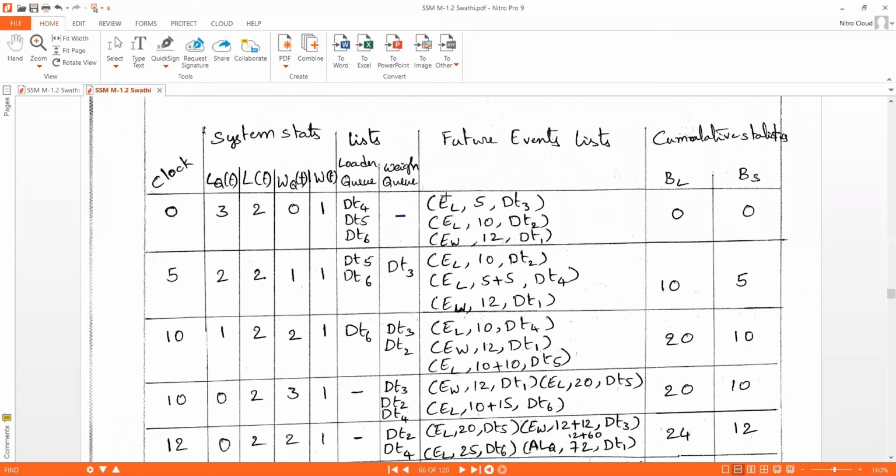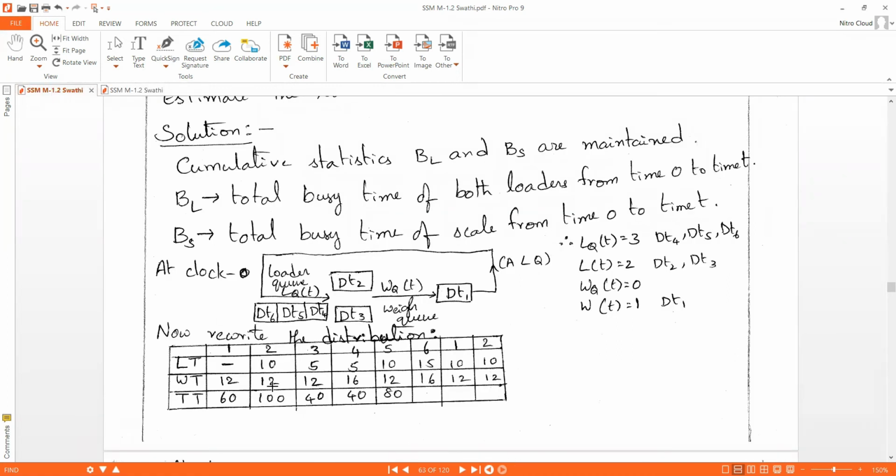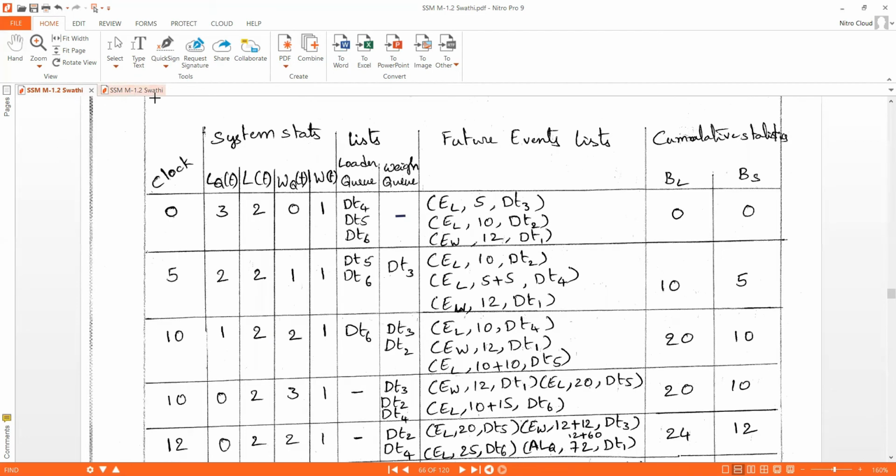Ending loading for DT3 will occur at simulation clock time... what is the loading time for DT3? DT3's loading time is 5. So we write ending loading for DT3 at simulation clock time 5.